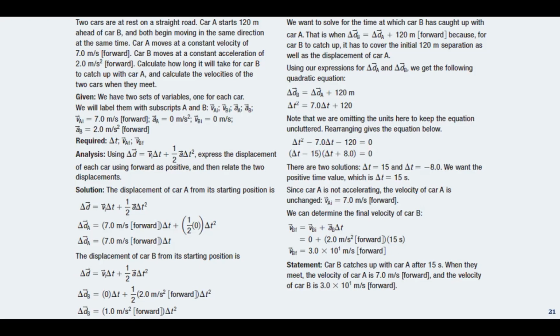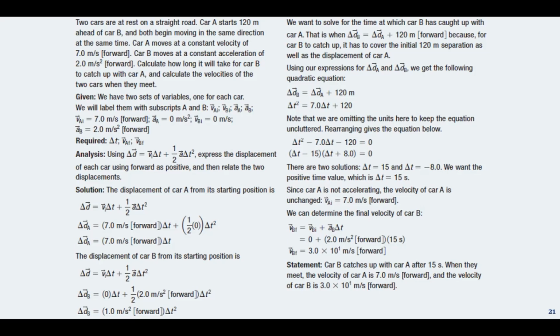Okay, so the displacement of car A from its starting position is given by delta d equals VI times t plus 1/2 of a times delta t squared. And then just put all the values in. Note that initial velocity is 7, right? Because initial velocity is forward, so you should use positive 7.